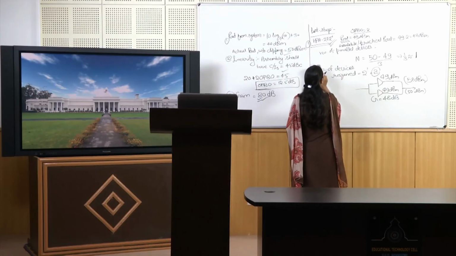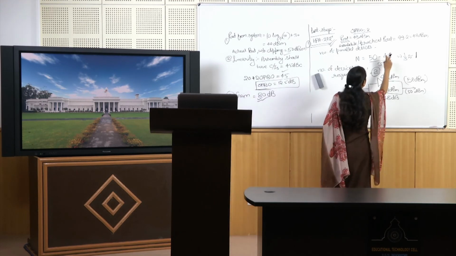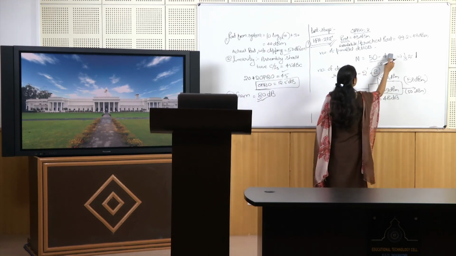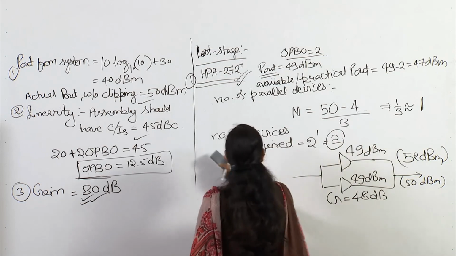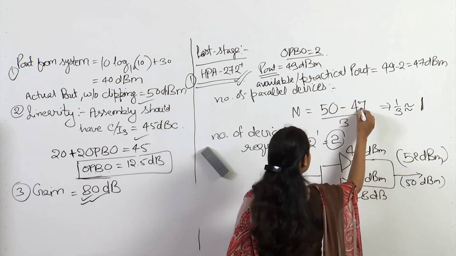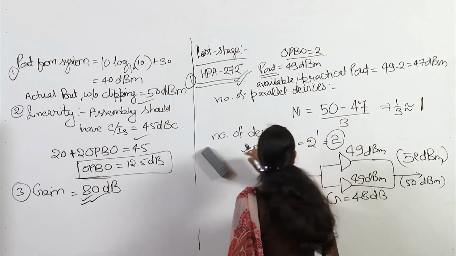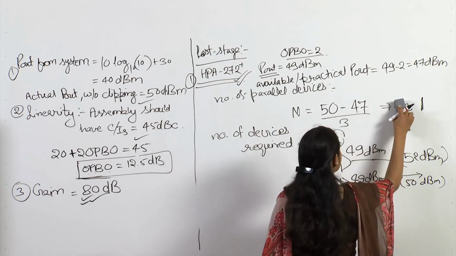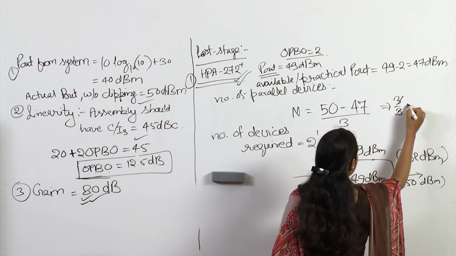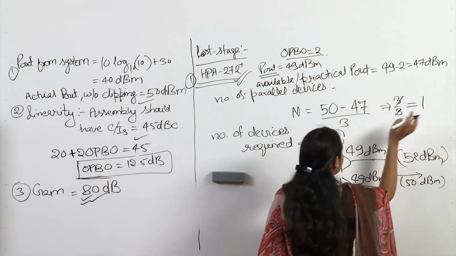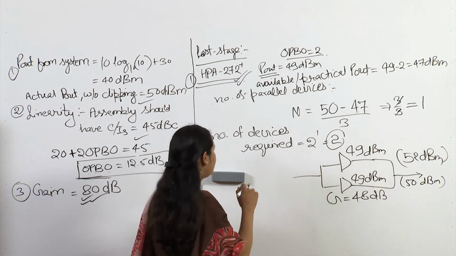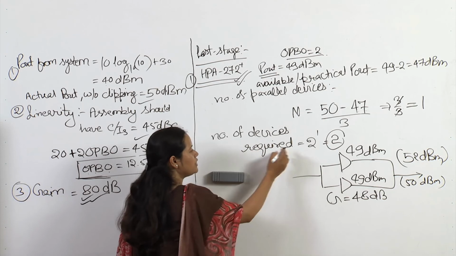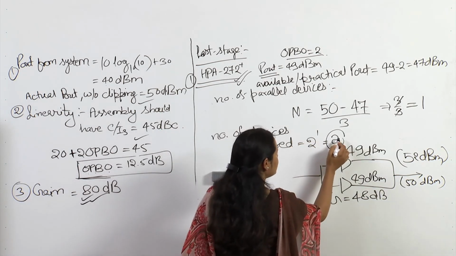So, what will be the number of parallel devices in that case? Instead of 49, now the available power is 47, and if we do the calculation according to this, we are getting exactly 1, and the number of devices will be then 2 to the power 1, which is equal to 2.